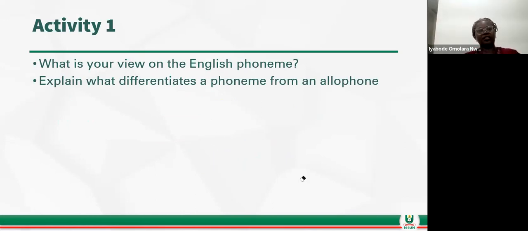So let's do the first activity. What's your view on the English phoneme? I'm assuming you have read your course material here. Can somebody give us their view about the English phoneme? Can somebody tell us?